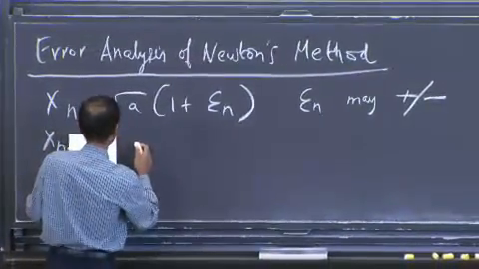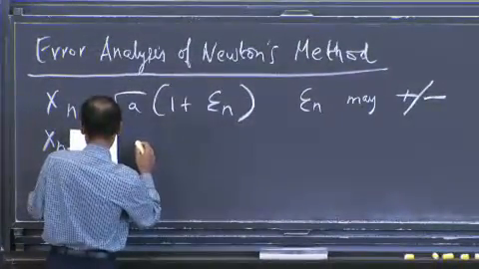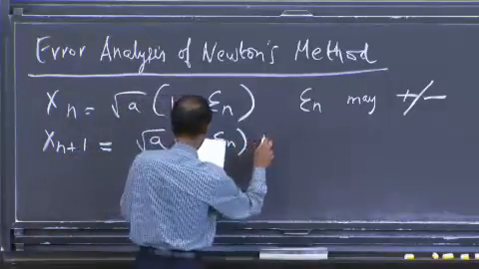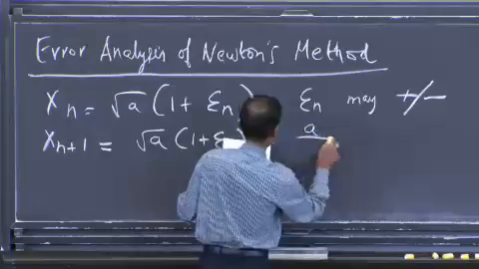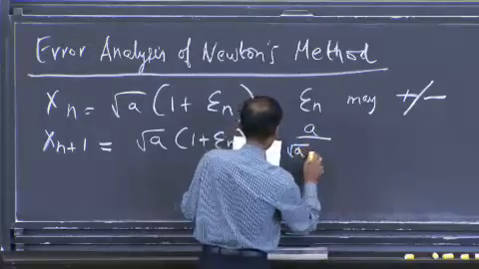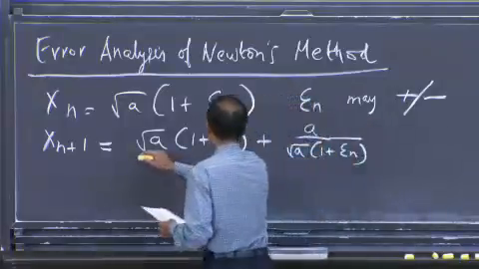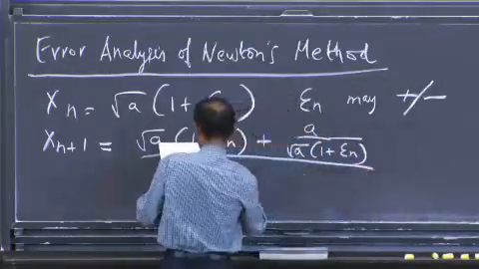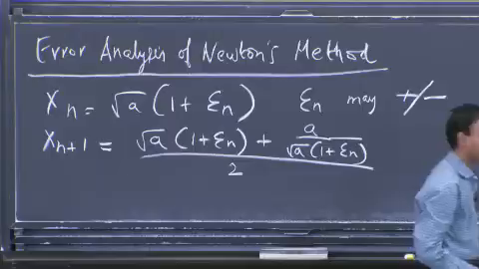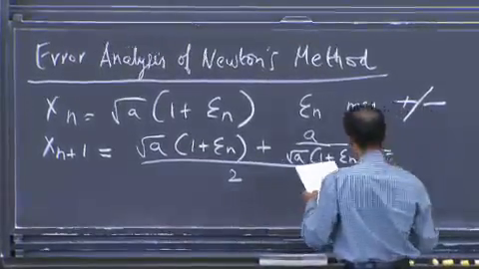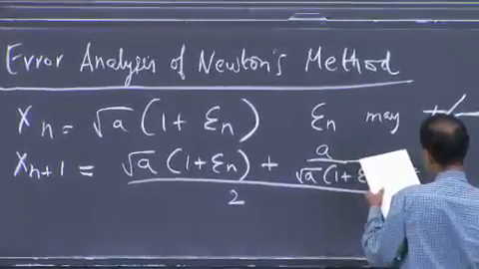x(n+1) would be (square root of a times (1 plus epsilon n) plus a divided by (square root of a times (1 plus epsilon n))) divided by 2, right? Just plugging in the value of xn, and then a couple of steps of algebraic simplification.